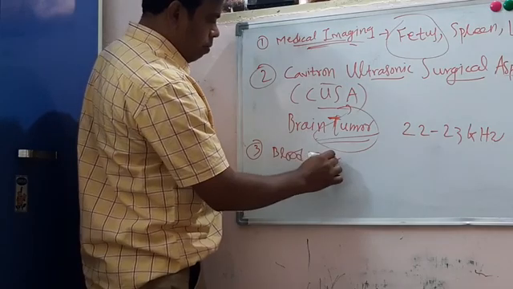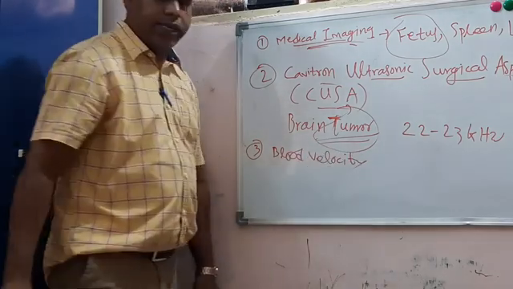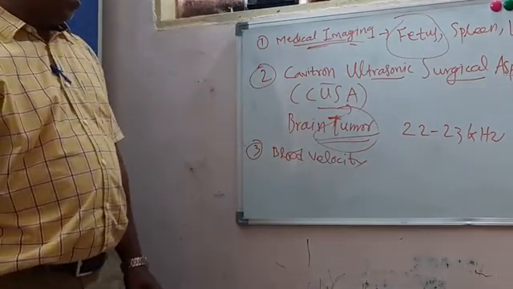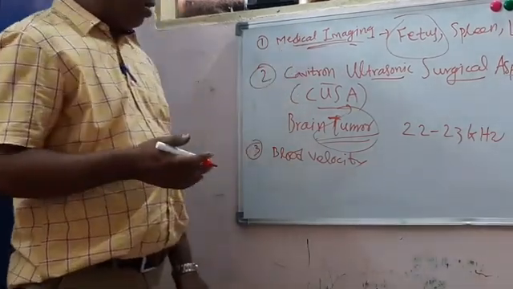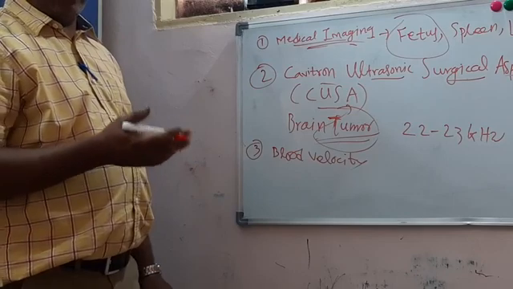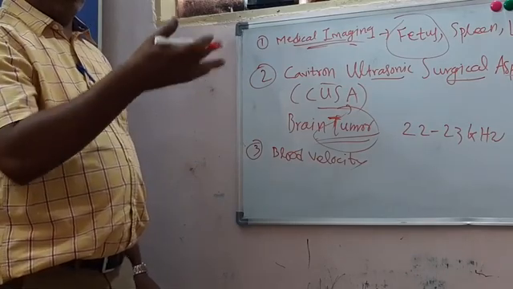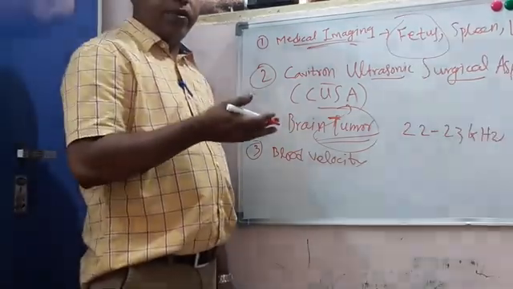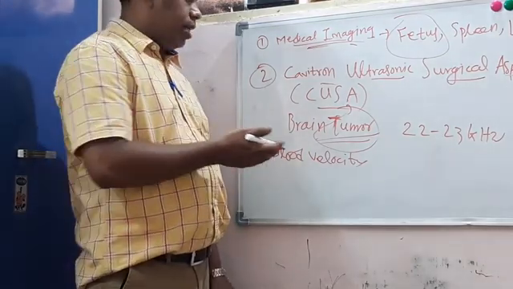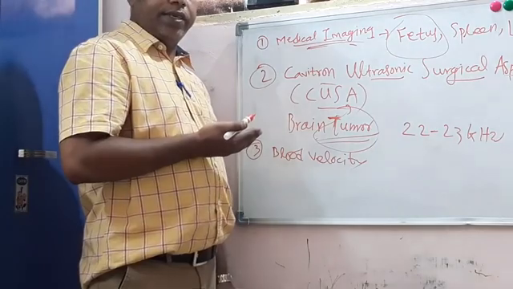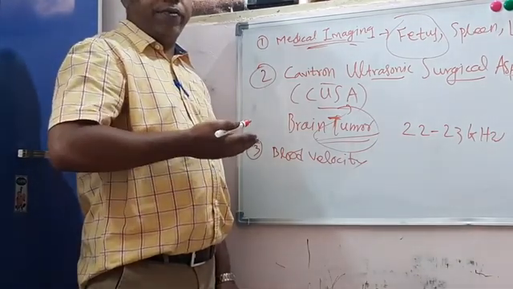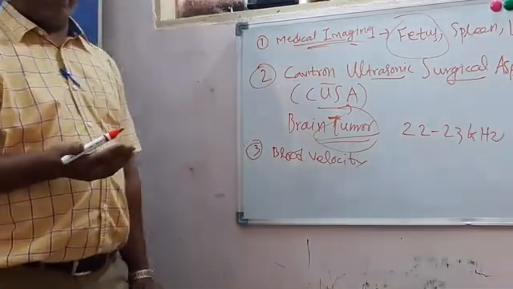And the third application is that one can easily determine the velocity of blood flowing in the artery. Blood velocity in arteries. For that, ultrasonic sound is sent to the arteries, and based on the speed of the blood inside the vessels, the reflected ultrasonic sound frequency will change.